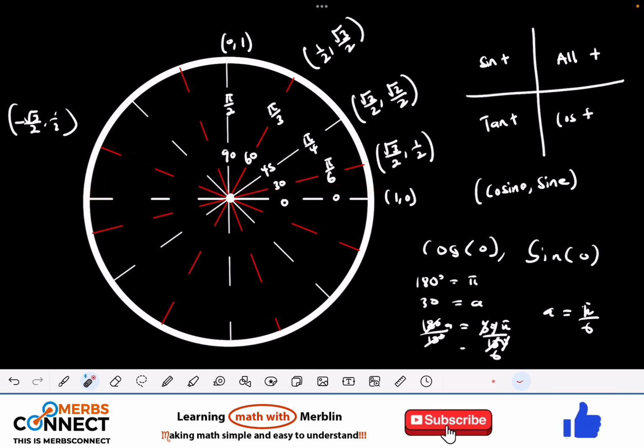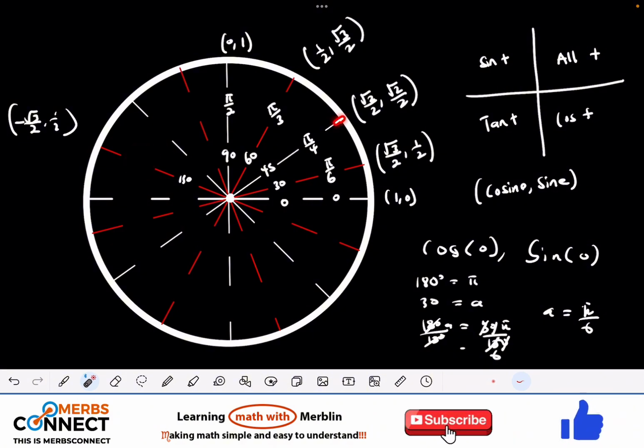It means that I want to subtract 30 from 180, which is like I have 30 here. So here is going to be 150. And I can convert the 150 to what? Radians, which you can try. So you can try and put it in the comment chat. If 180 is equal to pi, then you have 150 here, and then you find for A, which will give you this.